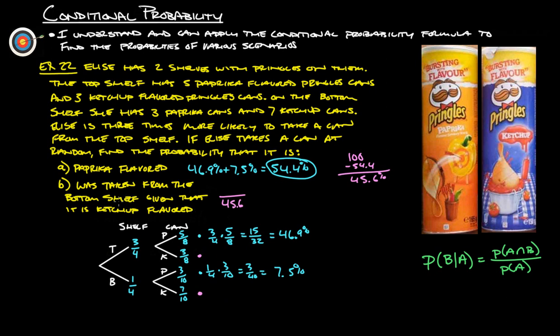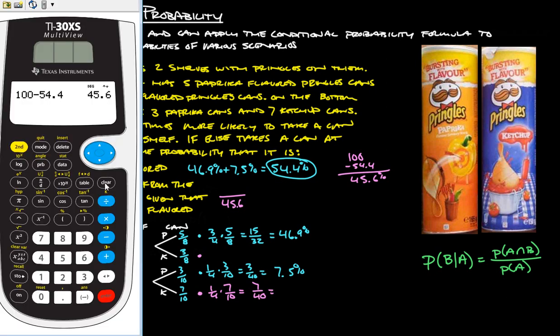So what was the probability that it was from the bottom shelf? So that would be this one here, the 1/4 times 7/10, which is 7/40. So if we do that one, 7/40, we get 17.5%.